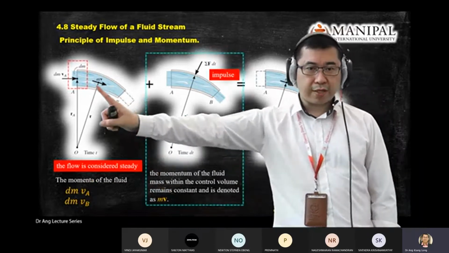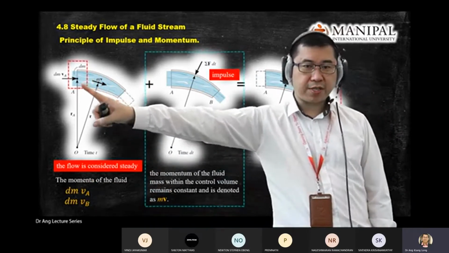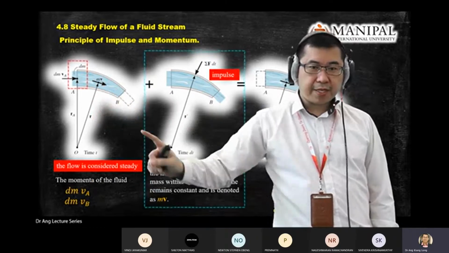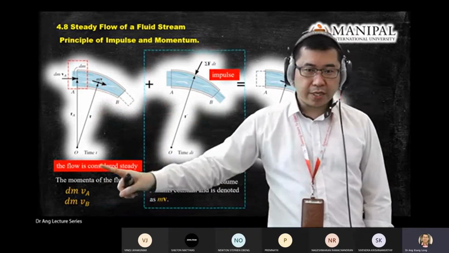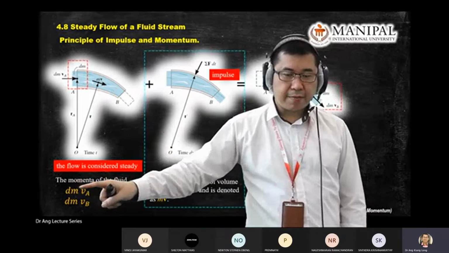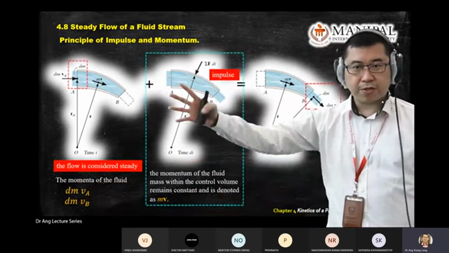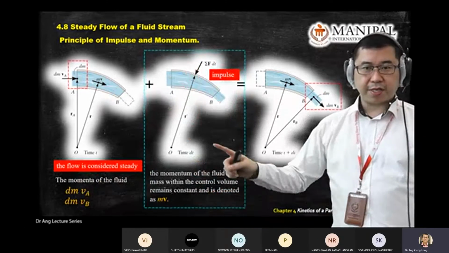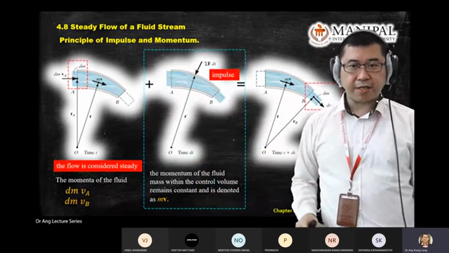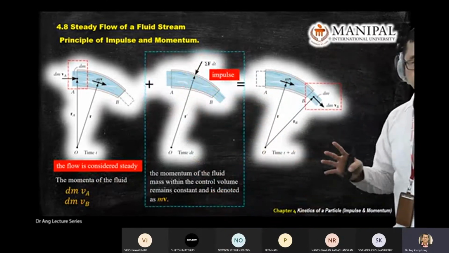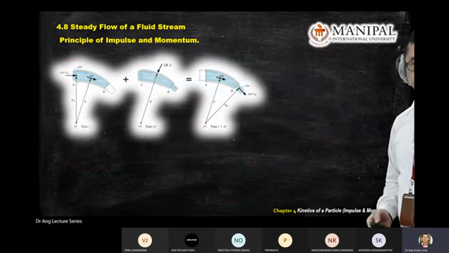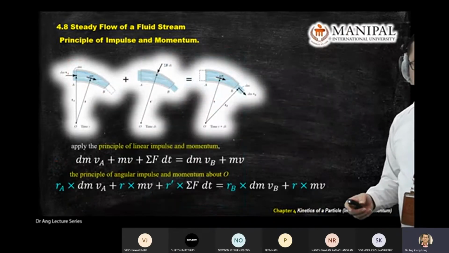You have two points of interest, A and B. That's why in the equation you will see momentum at A, momentum at B, plus the impulse. Impulse is the integration of F dt, and momentum after. Then you arrive at this equation.